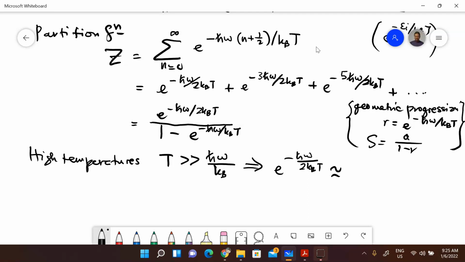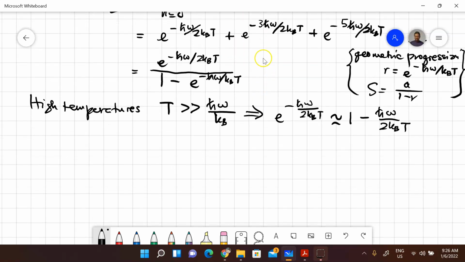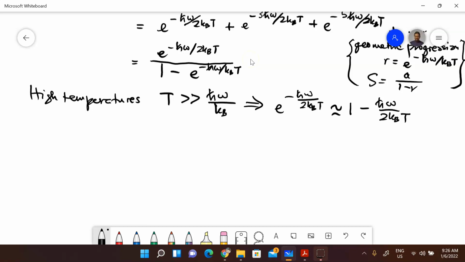So this whole term is going to be a small number. So we can essentially express it as a series with only the first order term coming in. So that is h bar omega on 2 kBT. So one can plug this into the answer for the partition function. So you just plug this in here and here.